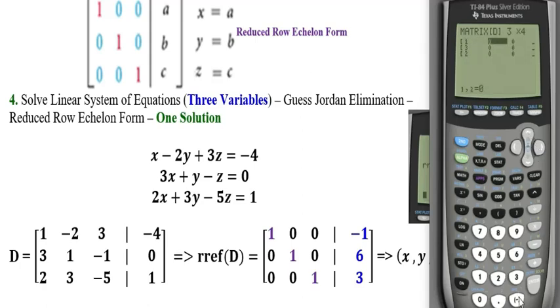For y we have minus 2, 1, 3. For z we have 3, minus 1, minus 5.